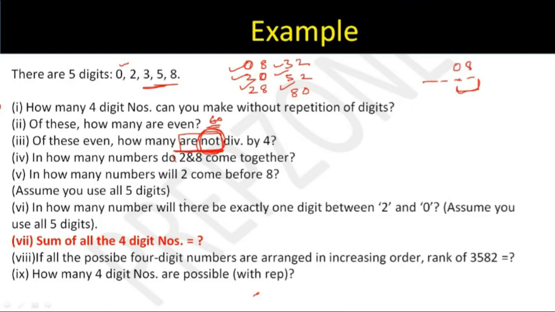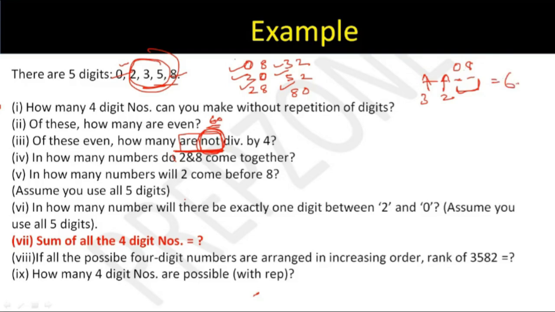You had 5 digits, out of which you have already used 2. 0 and 8 are already consumed. Now you're left with 3 digits, which means here you can have 3 digits and here you can have 2 digits because numbers are not repeatable. So in total, you will have 3 into 2, 6 possibilities for numbers ending with 0 and 8.